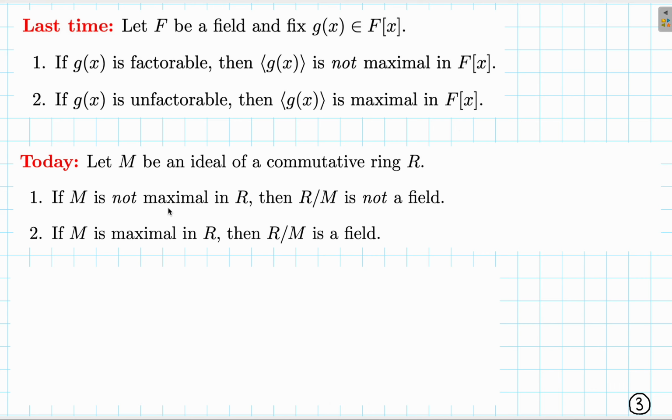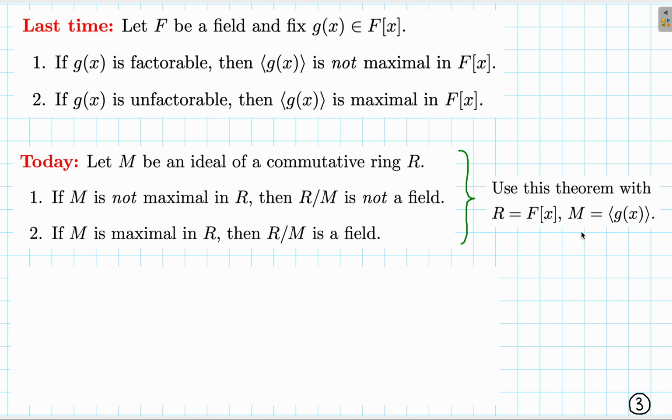And today, we'll prove the following. Let M be an ideal of a commutative ring R. If M is not maximal in R, then the quotient ring R mod M is not a field. If M is maximal in R, then R mod M is a field.